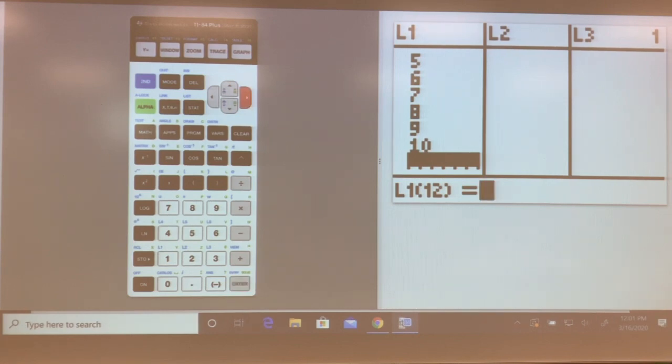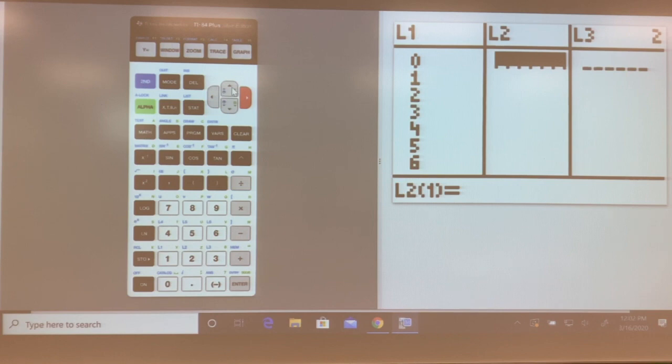Okay, now I'm going to go over to L2. And on L2, I'm going to type in a command that tells the whole distribution what to do. Make sure you're on L2.